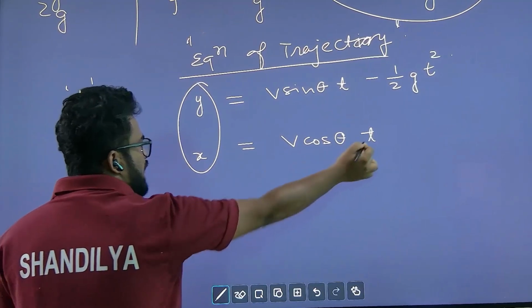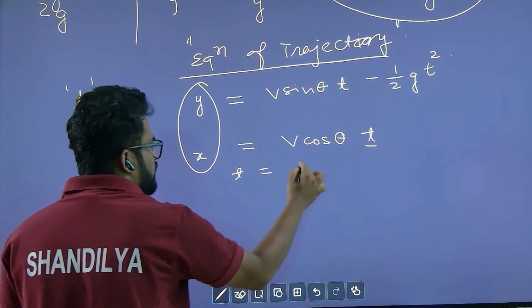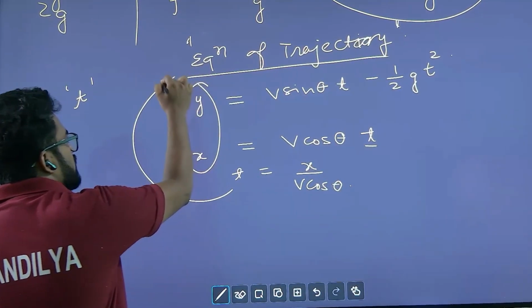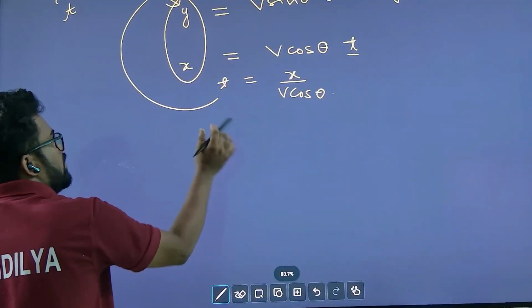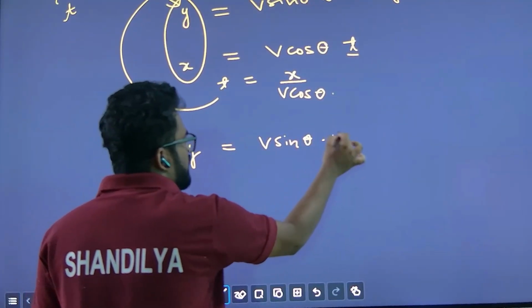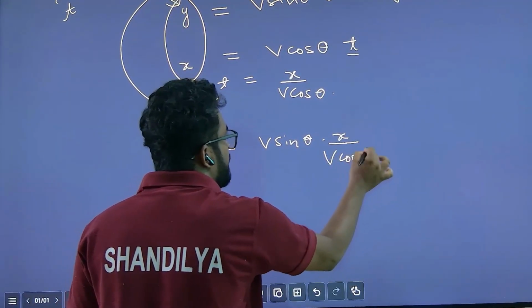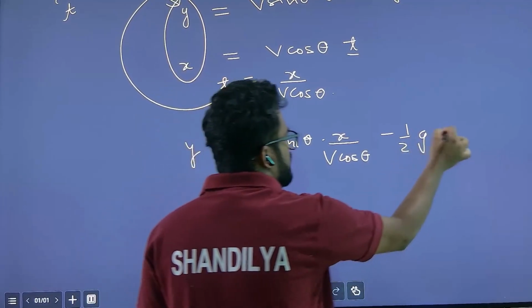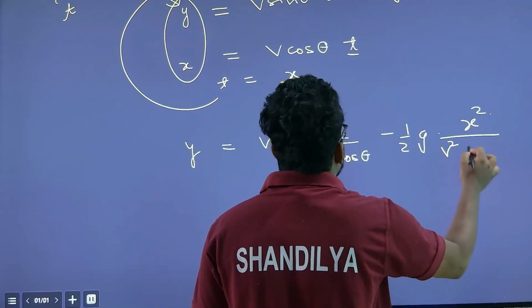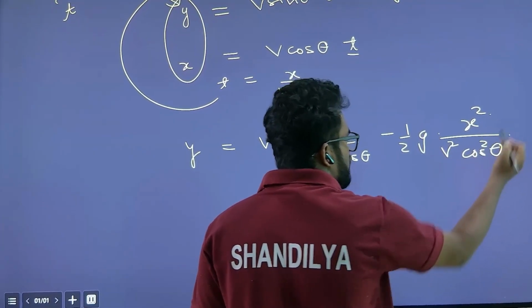So tell me, time can be replaced by how much? Time would be x over v cos theta. Putting this time back in the equation of y, y equals v sine theta into x by v cos theta minus half g times x square by v square cos square theta.